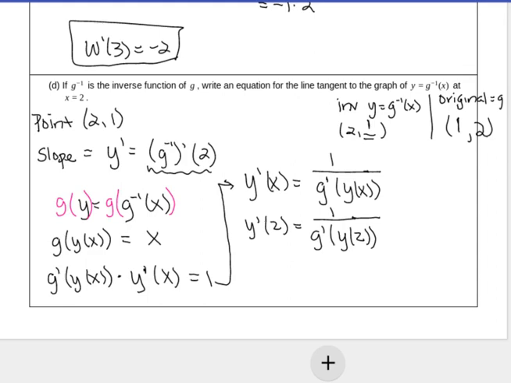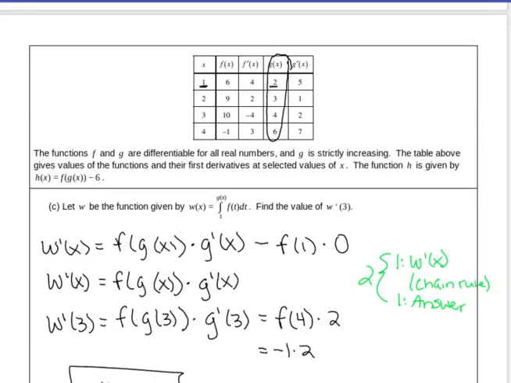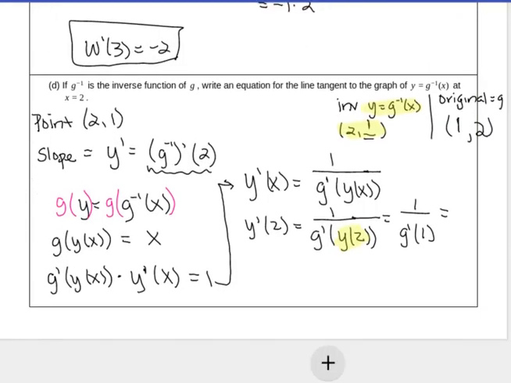Now the thing we have to remember is that that y that we're talking about is really this g inverse. So when we say y of 2, we're talking about this point right here. So let's see, that means then this is going to be 1 over g prime of 1. And if we look at our table then, g prime of 1 is equal to 5. So the slope that we're looking at is 1 over 5.